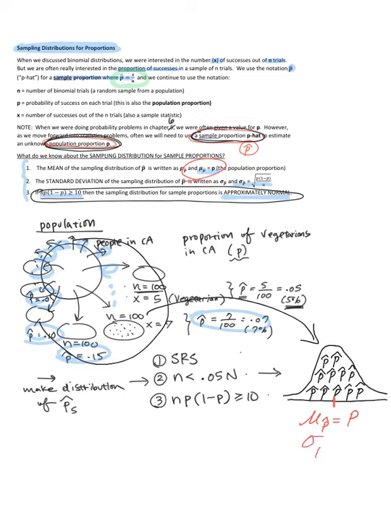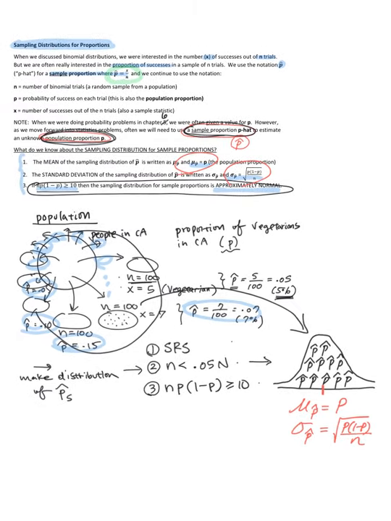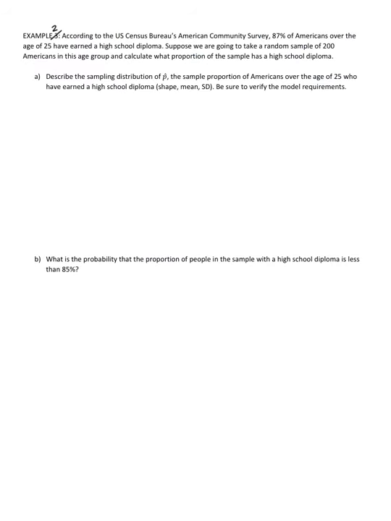And sigma sub p hat, the standard deviation of the distribution, is the square root of p times 1 minus p over n. So that's a quick review of 8.2, and now we're going to use this concept to do the example on the next page.